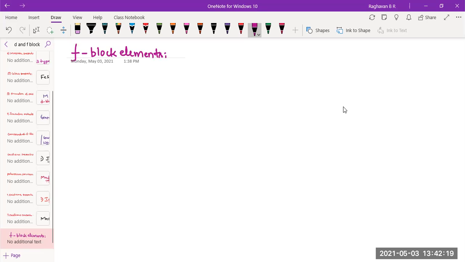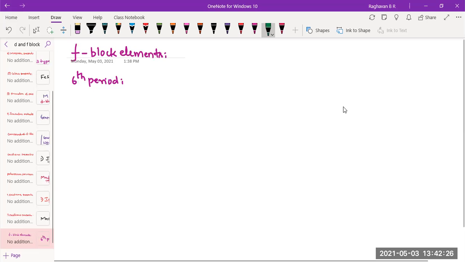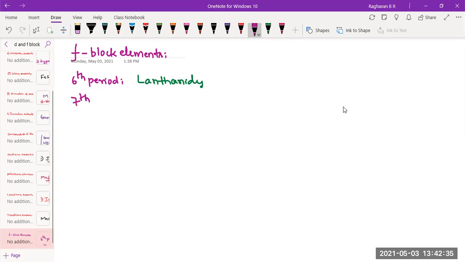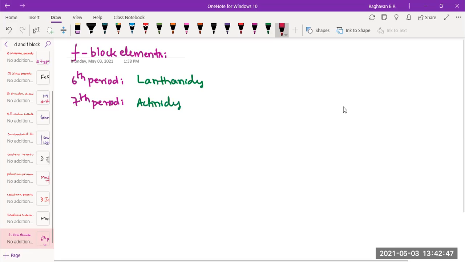Sixth period of the periodic table has the lanthanides, and from the seventh period there is actinides. So in lanthanides, 4F1 to 14 will be filled.